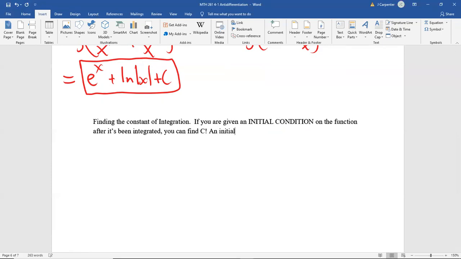An initial condition looks like capital F of A equals B, or little f of A equals B, depending on the original problem.